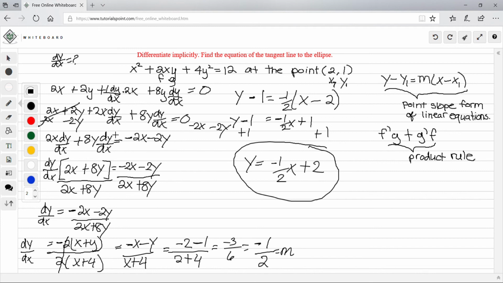Once we found our dy/dx, we put in our point, which is (2, 1). So we get negative 1/2, and that is our slope. And then once we found our slope, we could put it in the point-slope form of a linear equation, and that's how you get this.